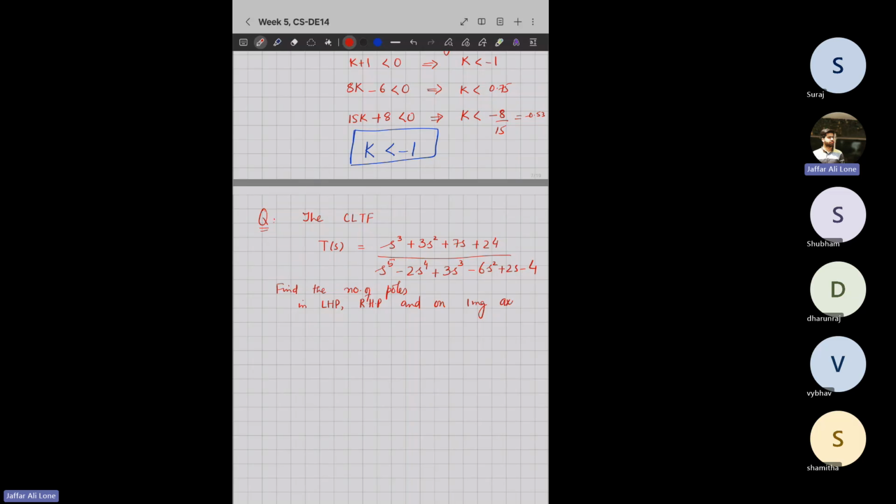See, total poles will be 5 because the characteristic equation is fifth order. I'll give you options. A: 212, B: 014, C: 104, D: 122. See, total poles are 5. You have to find how many are there in the LHP.